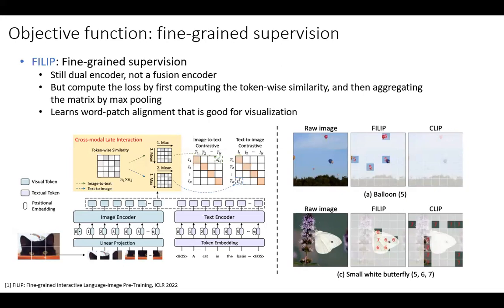For example, in the visualization, instead of just compressing the image into one feature vector and the text into another feature vector and doing the dot product, here we also propose to learn the word patch alignment so that the model captures the fine-grained information.